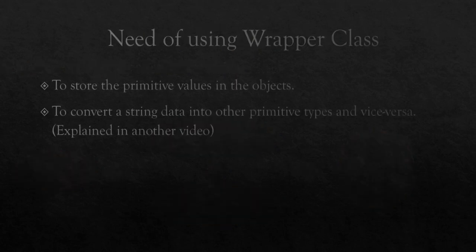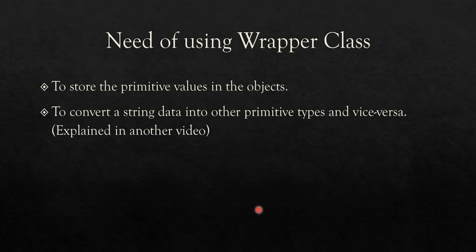Now let us see the need of using a wrapper class. Why do you need this wrapper class? To store primitive values in an object. Normally you store primitive values in a variable, but if you want to store them in an object, you use the wrapper class. This is used in advanced programming.